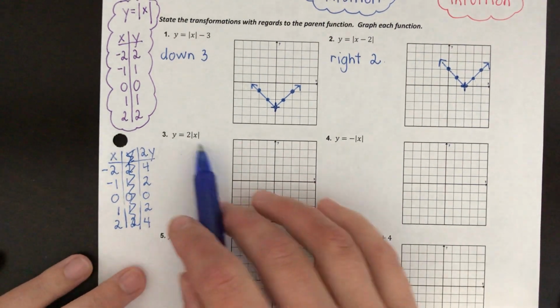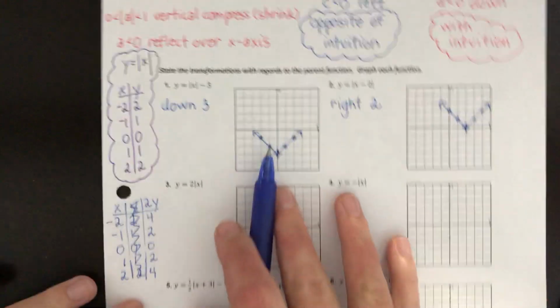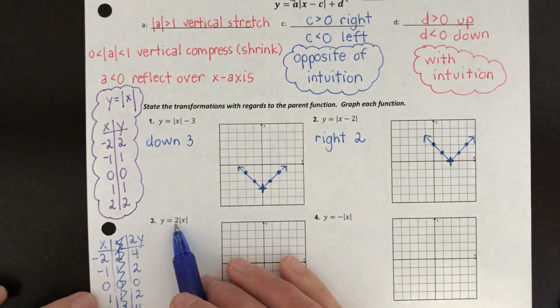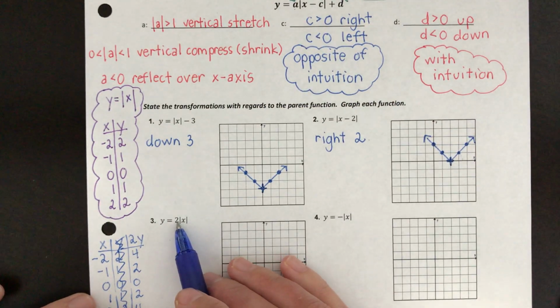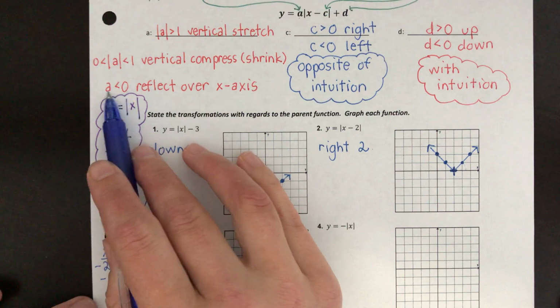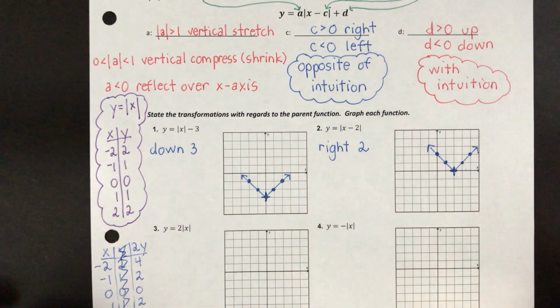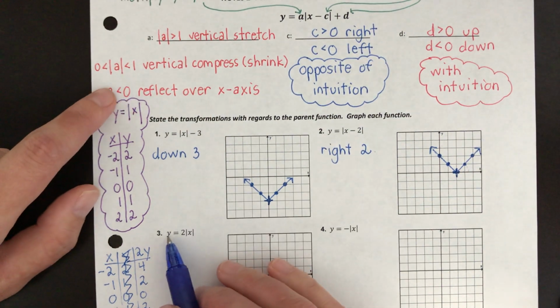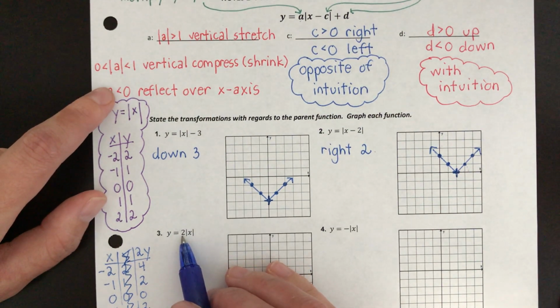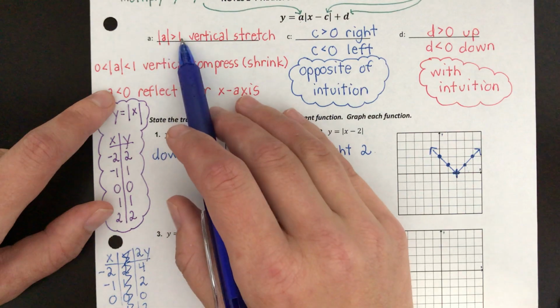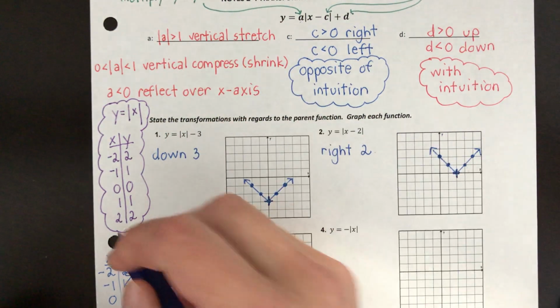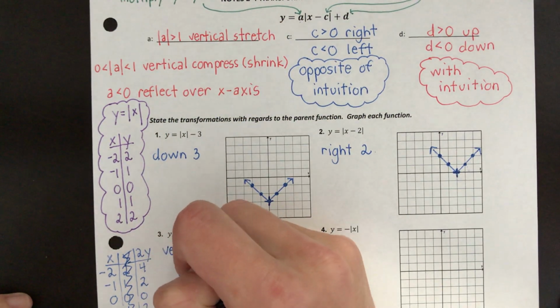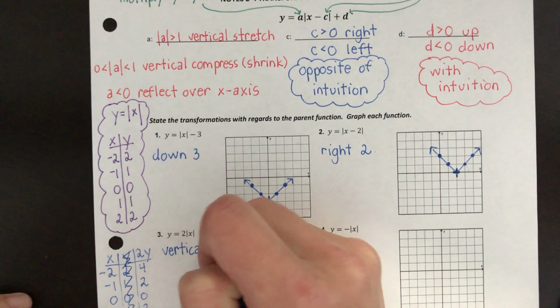Okay, so let's talk about the words here, the transformations. What do I put here? We'll examine the a value. Look at that a value. And if you take the absolute value, a is not less than 0. Okay, so that's not the case. So it's not a reflection. So then I'm going to look at the absolute value of 2, which is 2, and that is greater than 1, so that's a vertical stretch. Okay, that's a vertical stretch.